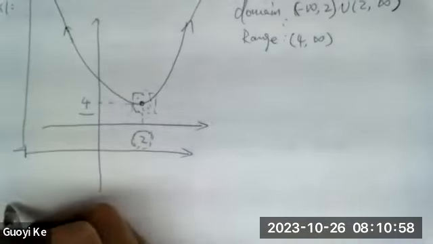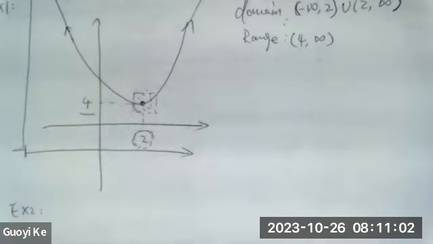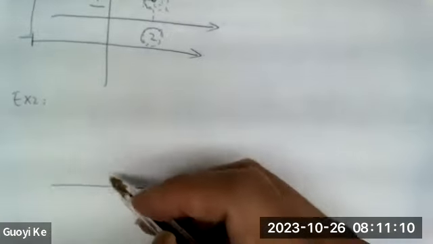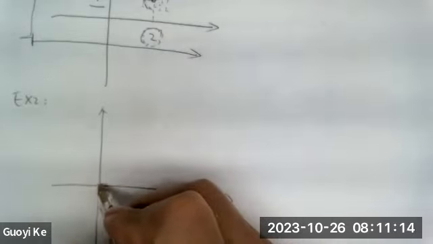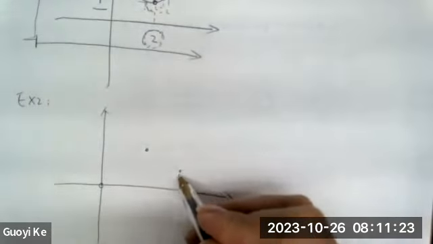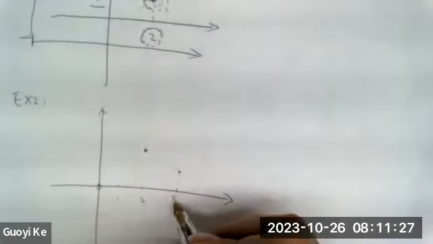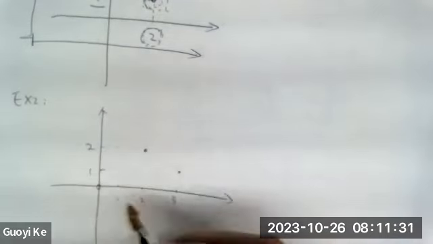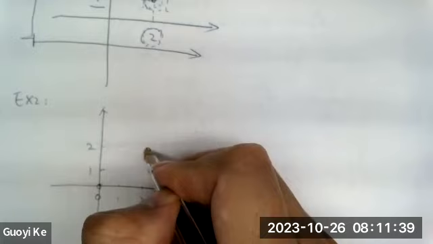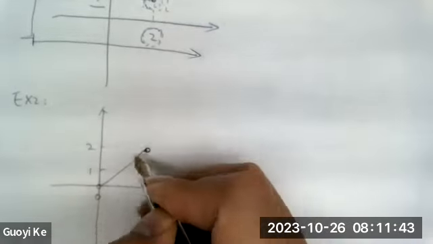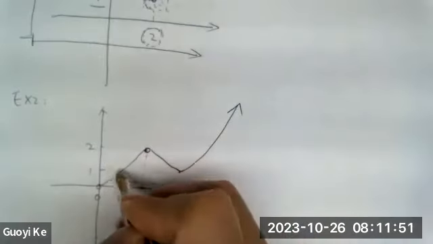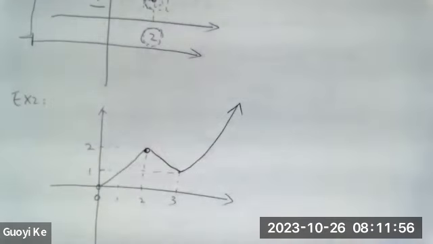Okay, so example 2. Here we have 2 open circles.